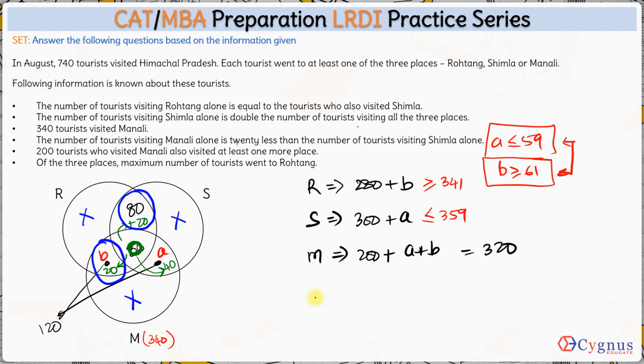If this is 100, that means the value of B is 80. The value of B becomes 80, and since B plus A is 120, A becomes 40. So if B is 80, 80 plus 20, this region becomes 100, and A is 40, 40 plus 40, this region becomes 80 here. So this is the information that we have so far.